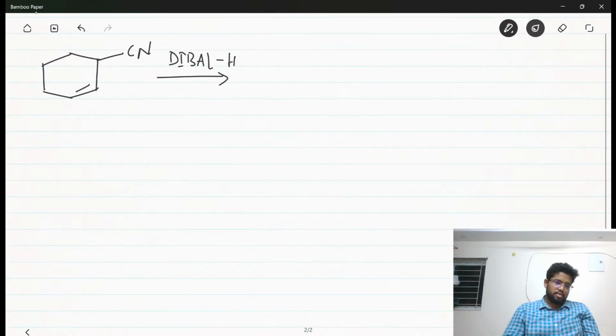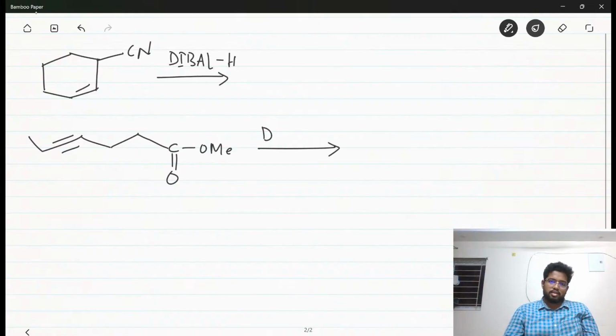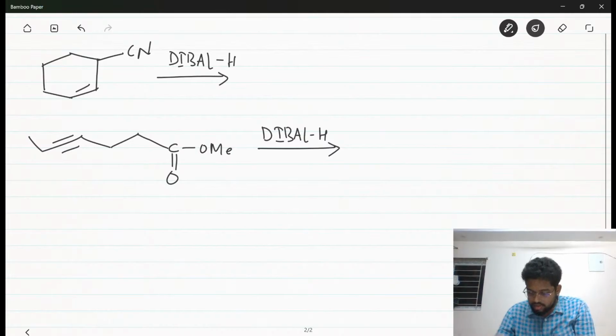What would be the product? I have this ester, and I am treating it with DIBAL-H. What would be the product?